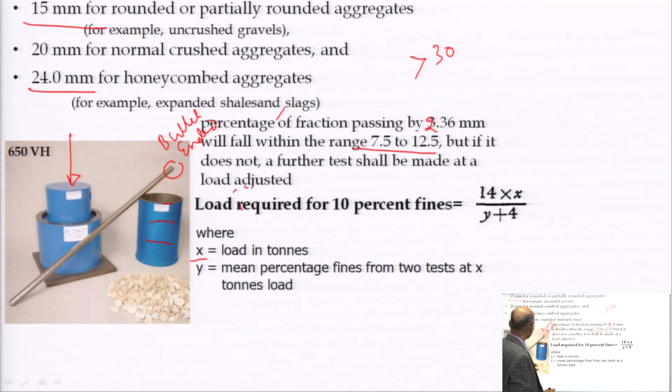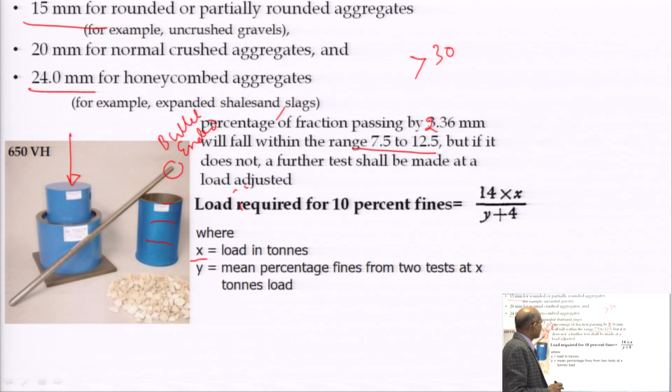If we have applied the load and got a movement of around 20 mm for normal crushed aggregate, and we are not getting the passing value between 7.5 to 12.5, then we have to adjust the loading by doing another test, so that once again you can get the value between 7.5 to 12.5.